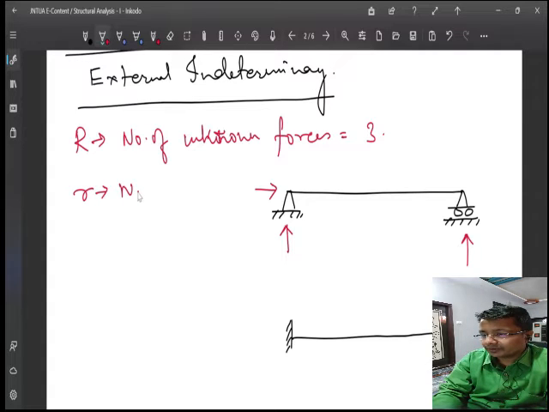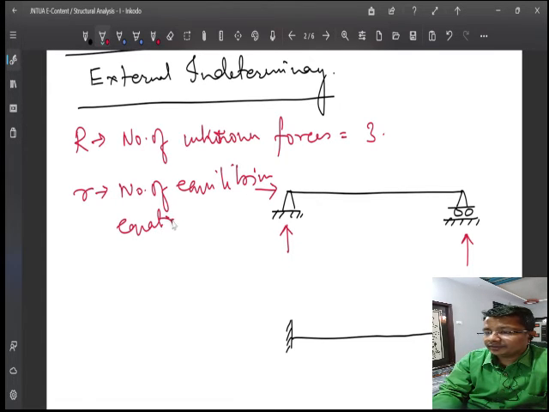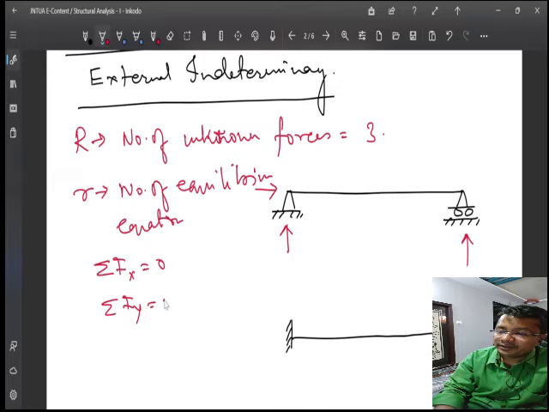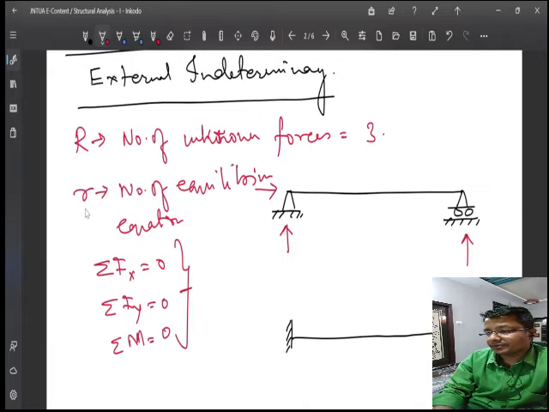Now small r is the number of equilibrium equations. I have 3 equilibrium equations: summation Fx equals 0, summation Fy equals 0, and summation of all the moments equals 0. So my r becomes 3. And remember, this small r will, in most cases, be 3.